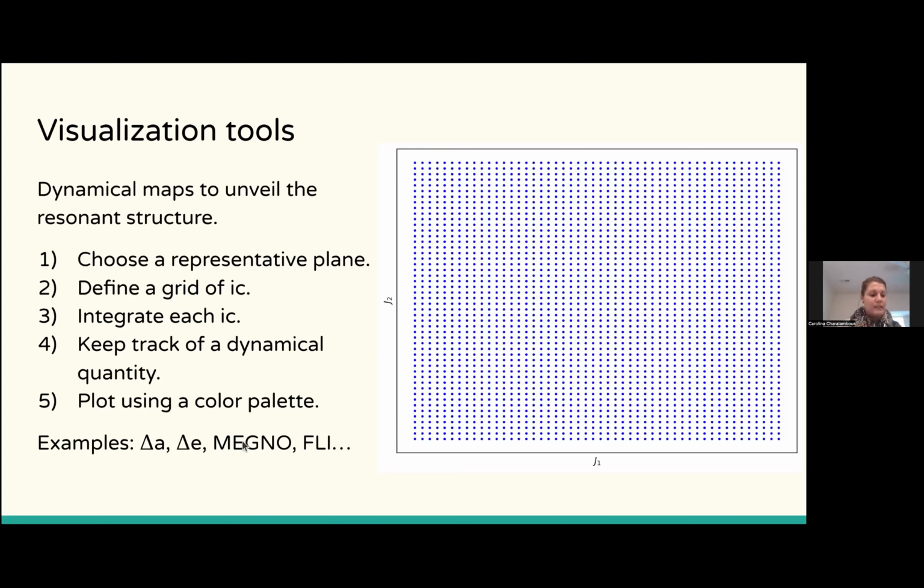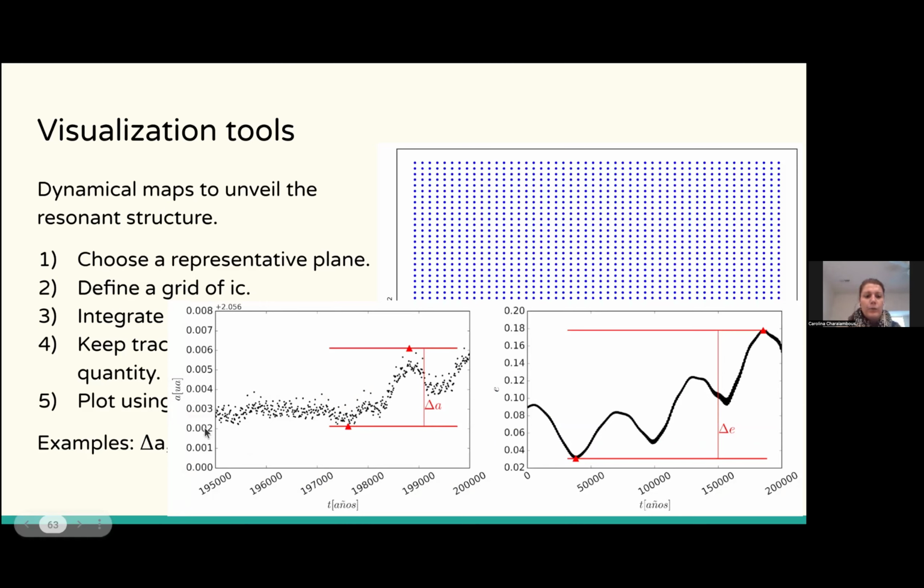And so, for example, here I show you how we would do it. We would perform the integration of, for example, one of these initial conditions. We plot our semi-major axis as a function of the time, or the eccentricity, and we see how much some of these quantities vary, and then we color code it.